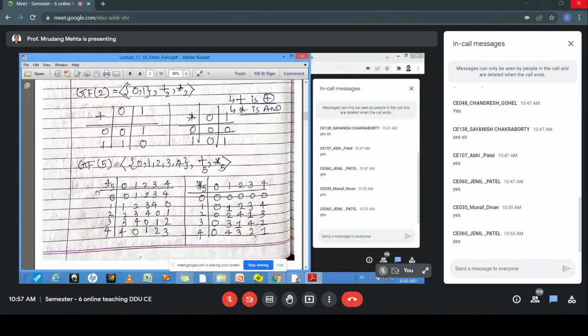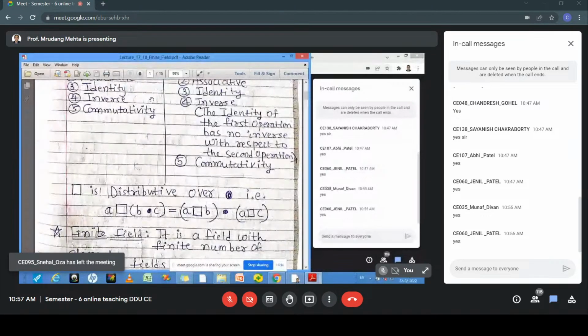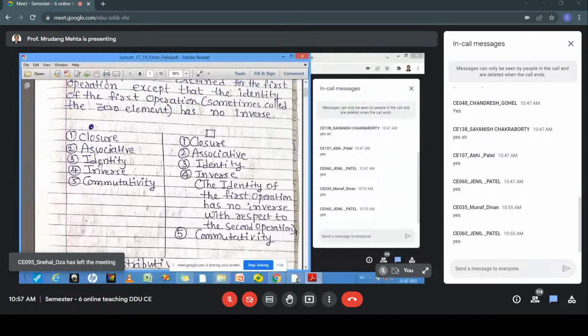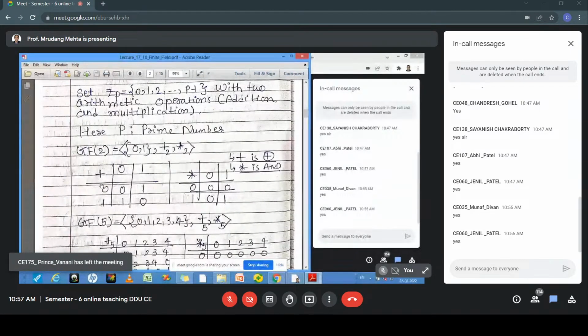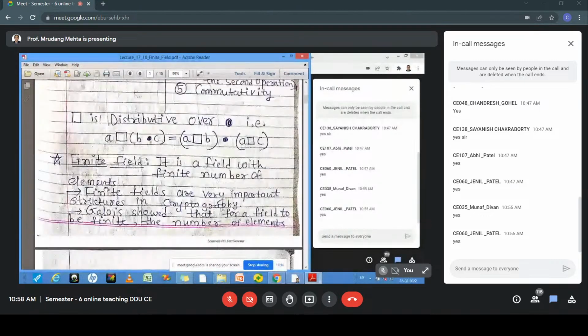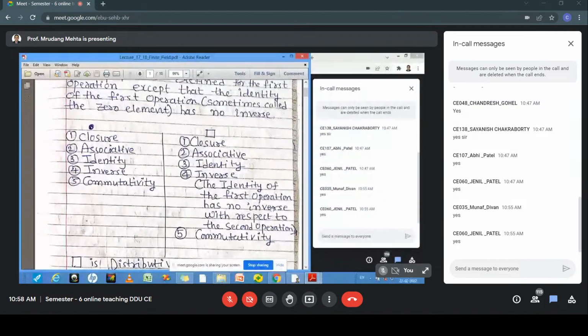Now, if you take GF(5), you have 0, 1, 2, 3, 4. If you try to find out whether closure and associativity are satisfied, you have already gone through that. Closure, associativity, identity, inverse, commutativity, all this, the plus operator satisfies, and star satisfies all except the inverse of the identity of the first operation.